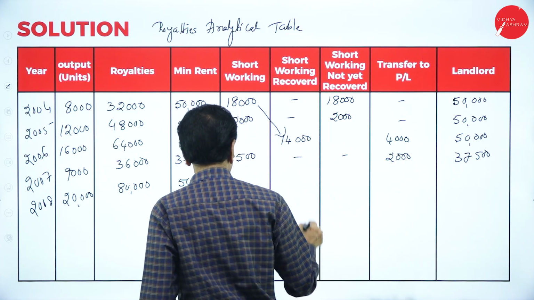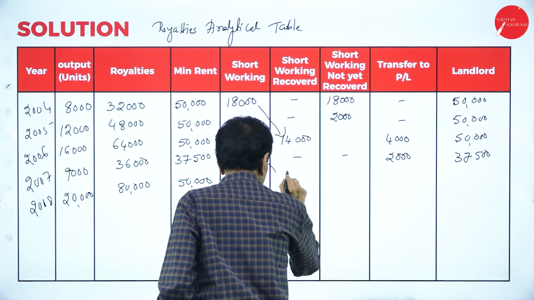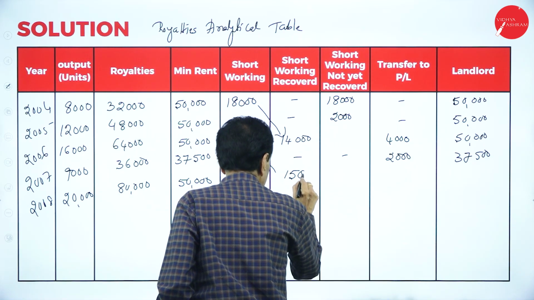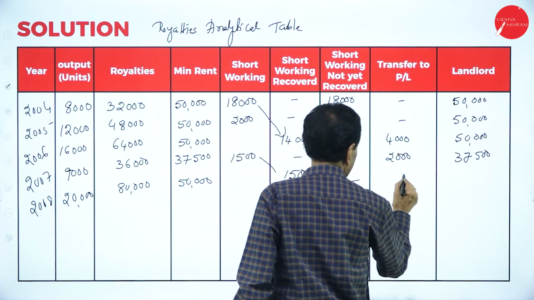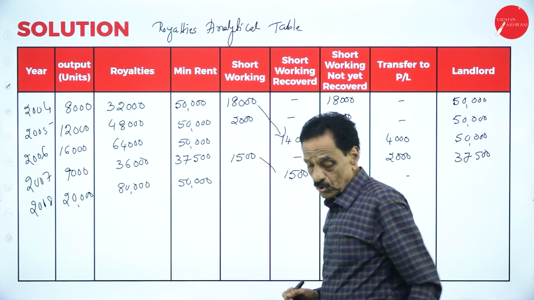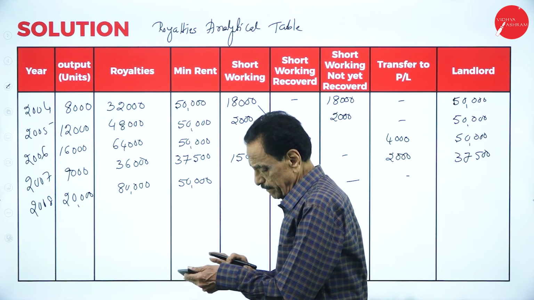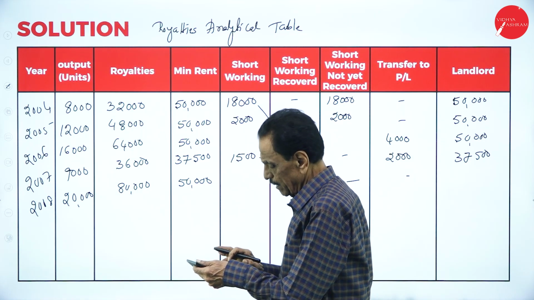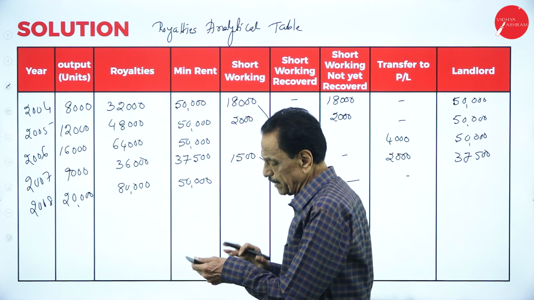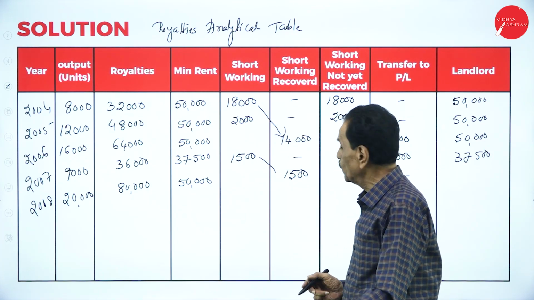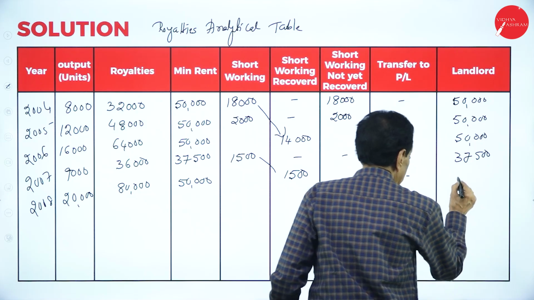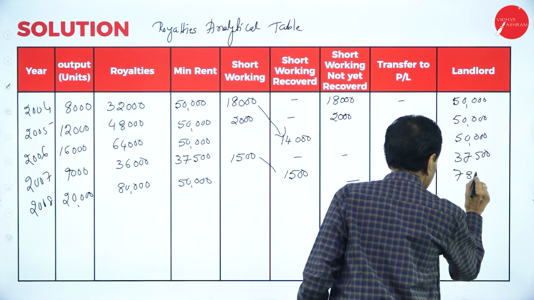It can be recovered. Whatever the balance comes, that goes to landlord. Out of 80,000, minus 1,500 has been given as recovered. What's the amount left over? 78,500 paid to landlord.